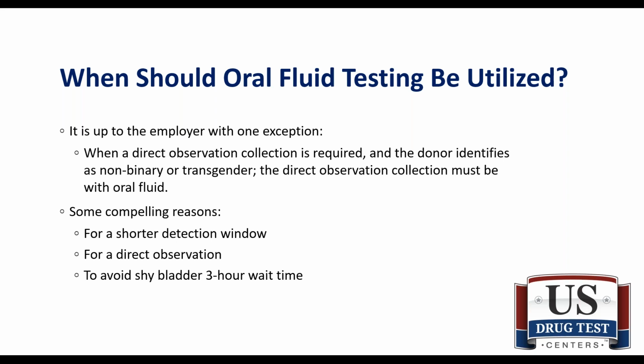They can try again in 15 minutes, they can try again in a half hour, whatever it may be. And they have up to 3 hours to provide that sufficient urine specimen. So why not switch over to oral fluid to avoid the 3-hour wait time? That's going to make a lot of sense. It can save money. It could be more efficient, not burning up hourly wages. You can get your person back to work.